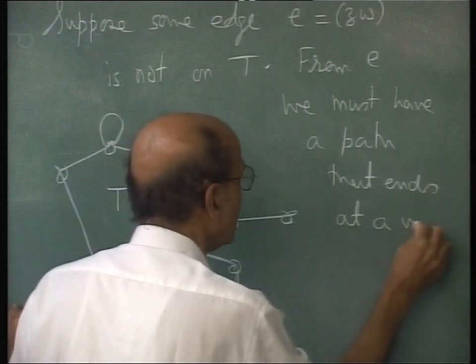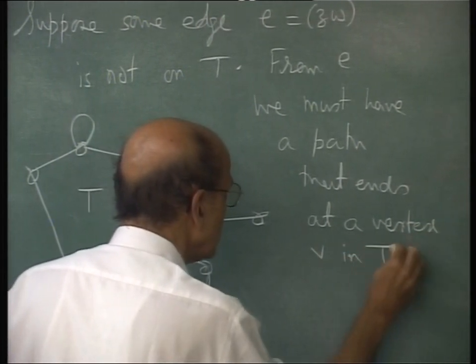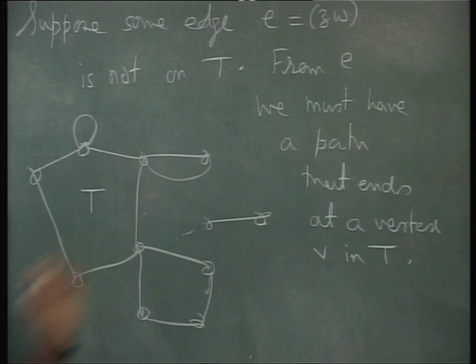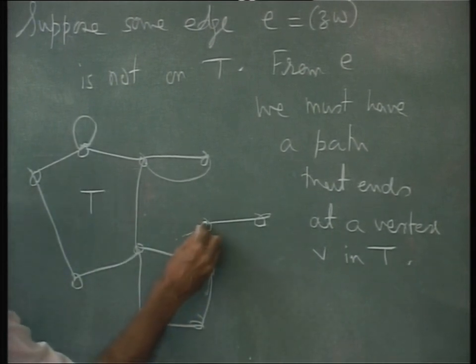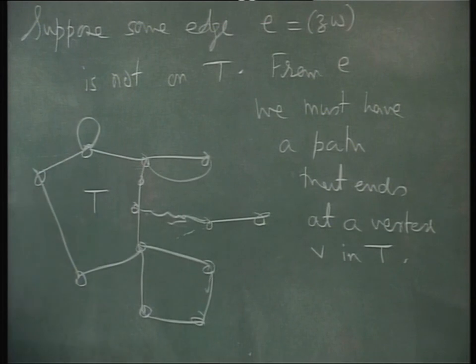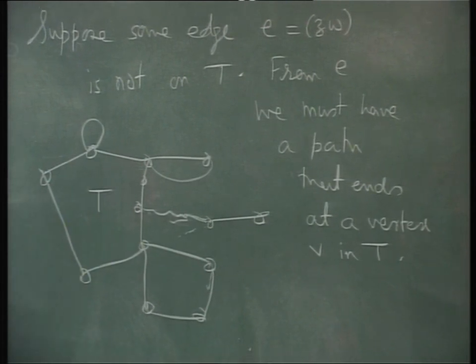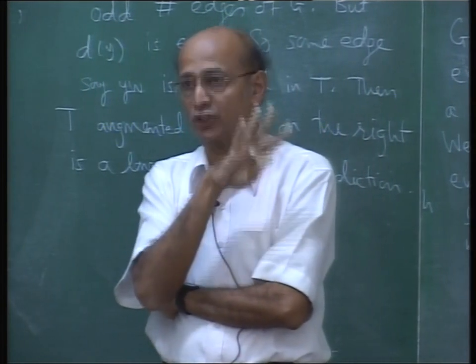At a vertex V, I can then take the first such vertex, so that means there is some vertex at which I have some unused edge.